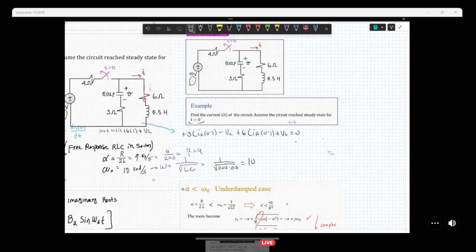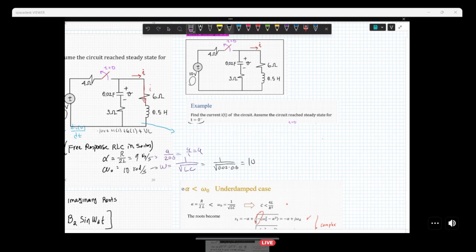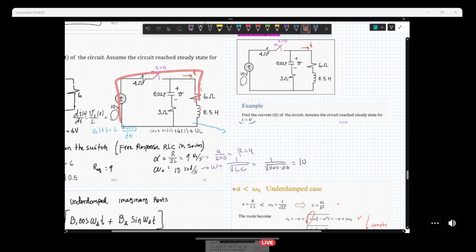Transient state is when the switch is flipped down. So it's gonna be this.